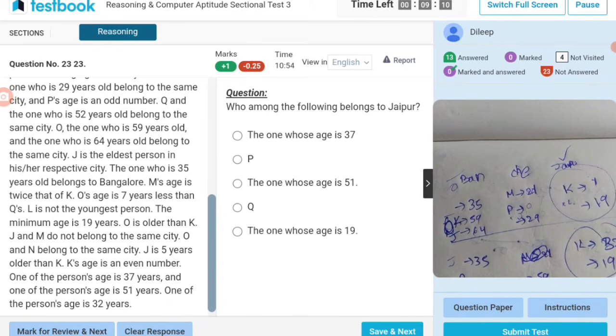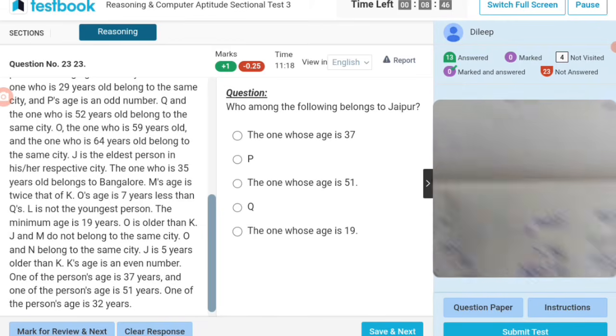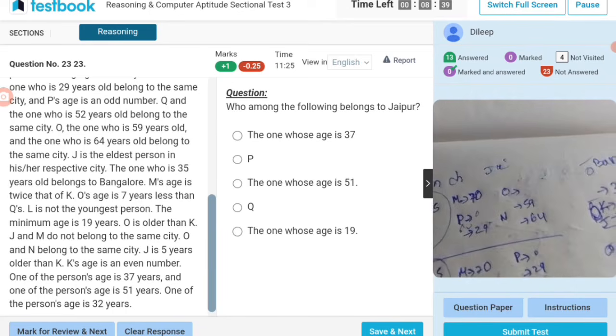J is 5 years older to K. So J is, I think, 37. Okay. So J 37, M 64, K 32. Next.